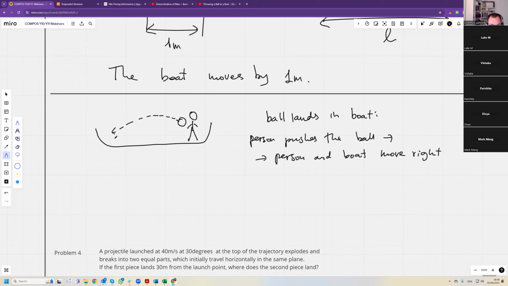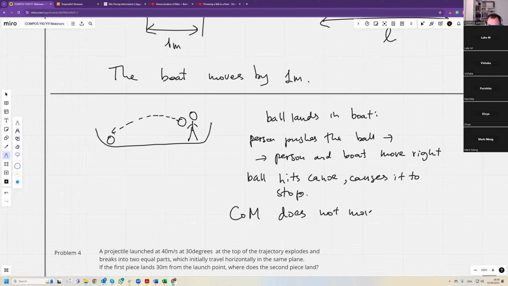Now, when the ball hits the canoe, it causes it to stop. Center of mass does not move.